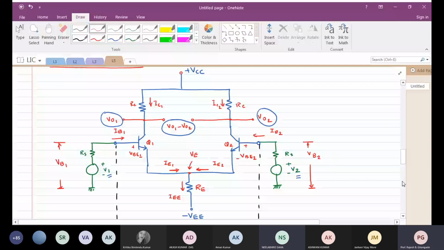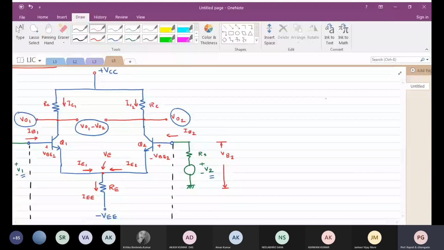No, sir. Then how is it possible for us to bring the transistors into the active region without the biasing resistors? In fact, you can break this down into two such circuits. I'm drawing only one of them.